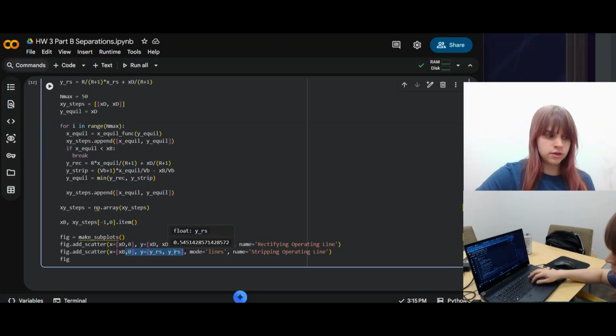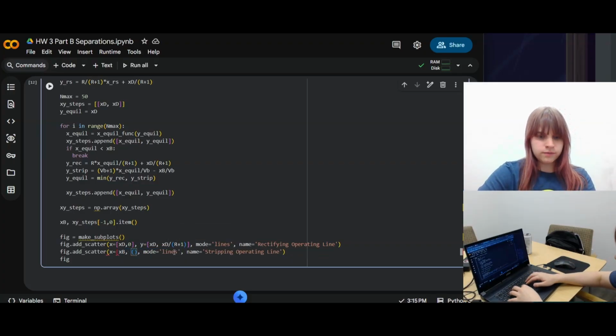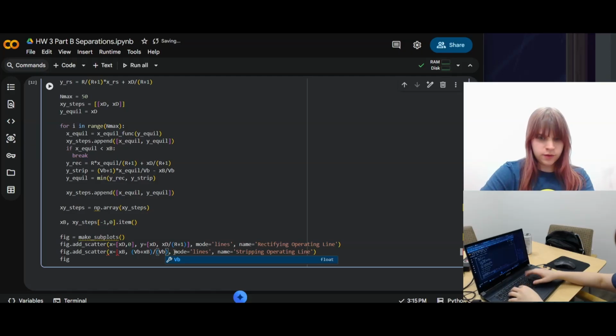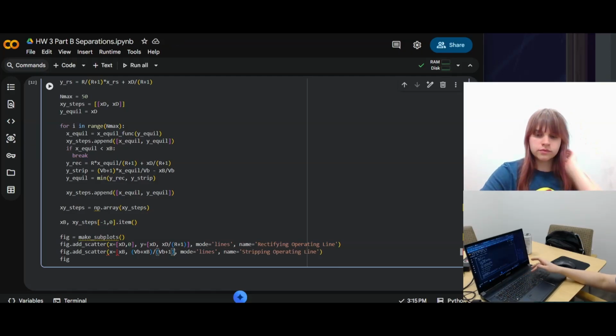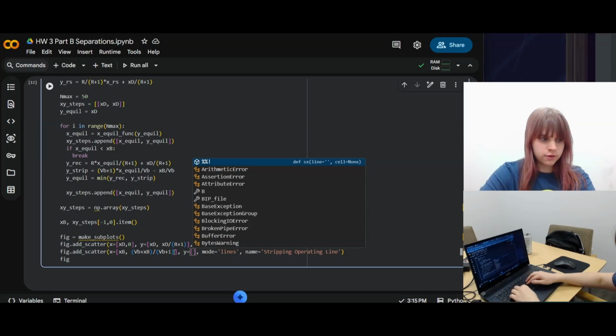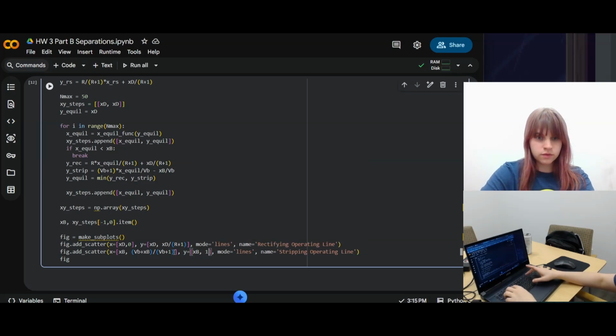Here, VB plus XB divided by VB plus 1. Then I need the Y values. And that should be good there.